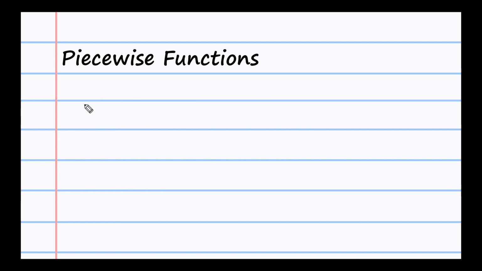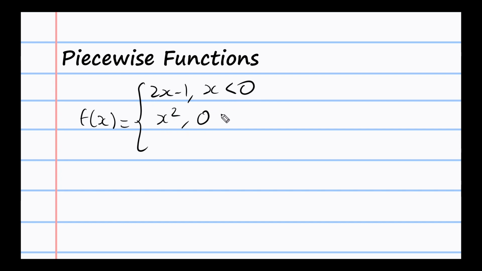So let's take a look at a certain piecewise function. f of x equals 2x minus 1 when x is less than 0, x squared when x is greater than or equal to 0 and less than 5, and just f of x equals 5 when x is greater than 5.